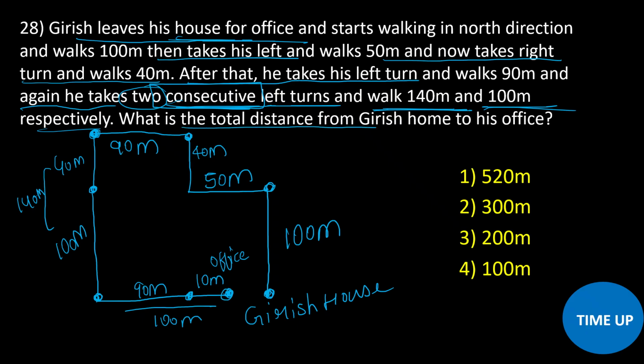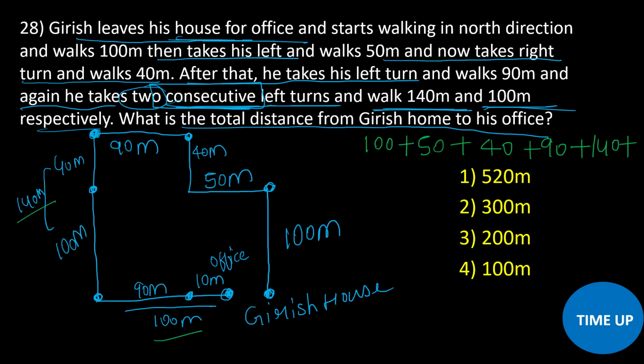What is the total distance from Girish's home to his office? Whenever total distance is asked, what you have to do? Add all the distances. That will give you the total distance. So total distance will be 100 plus 50 plus 40 plus 90 plus again this is 140 and then plus this is 100.